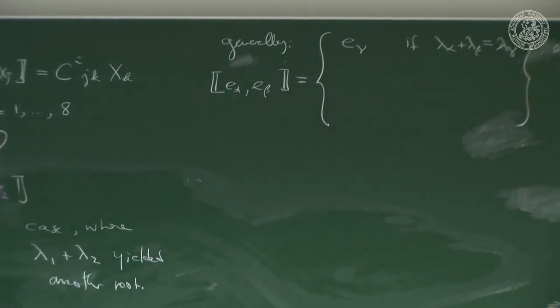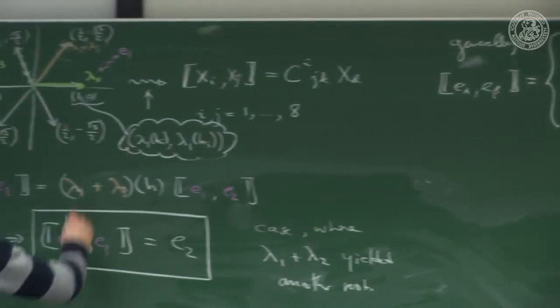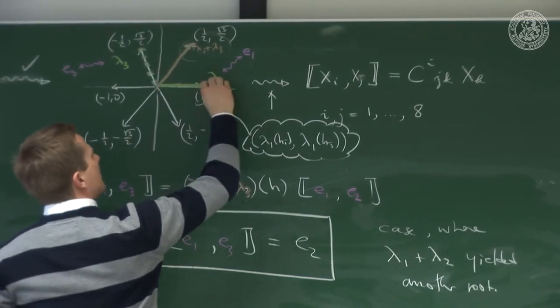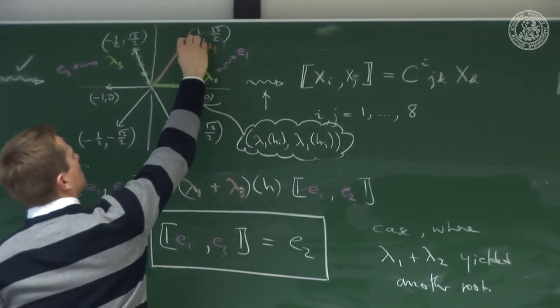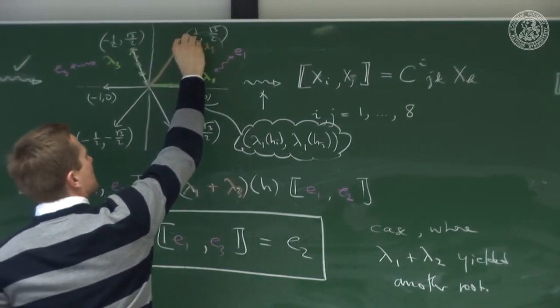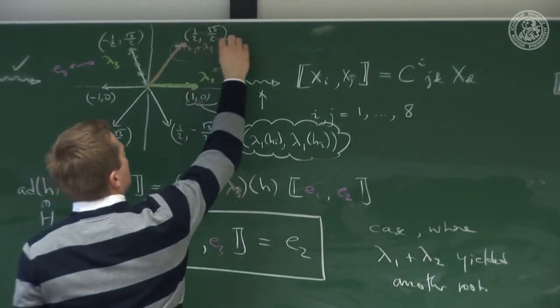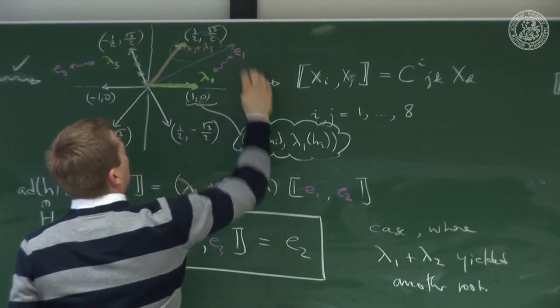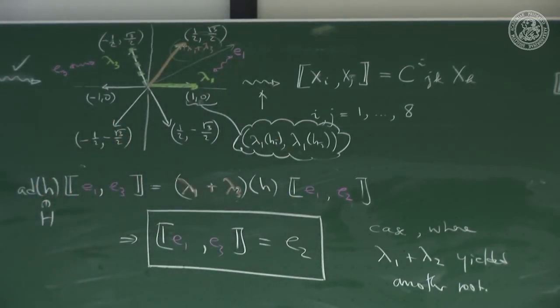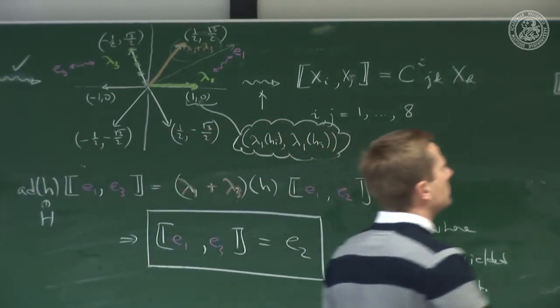But what if they hadn't added up to something that already exists? So take, for instance, this lambda 1 and this lambda 2 here. Well, their sum, so I refer again to this rule that you get the sum, their sum would lie here, but this is not a root. So in this case, where this is not a root, the result is 0.